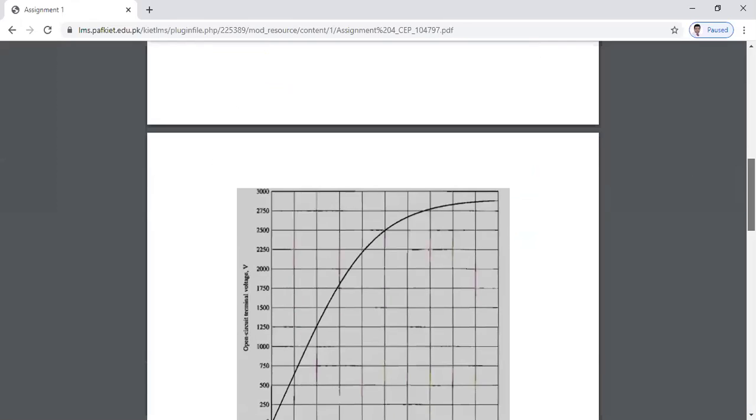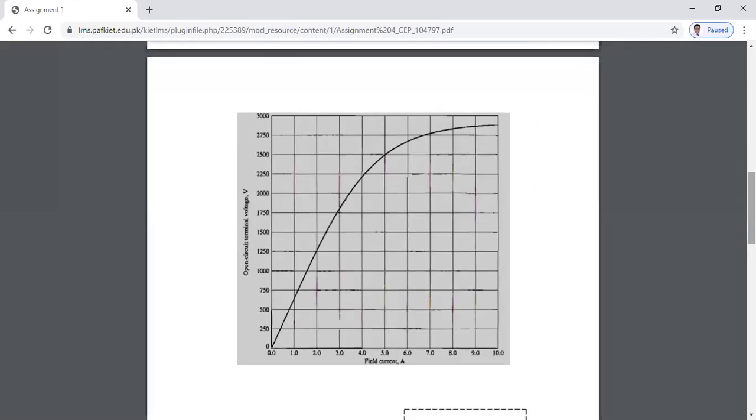So the open circuit characteristic is this, and it is important to note that you have already seen this graph before, and we had done this for the synchronous generator, and we know that the synchronous generator and the synchronous motor are the same devices. They are just operated differently. In a synchronous generator, you give DC to the rotor and you give nothing to the stator.